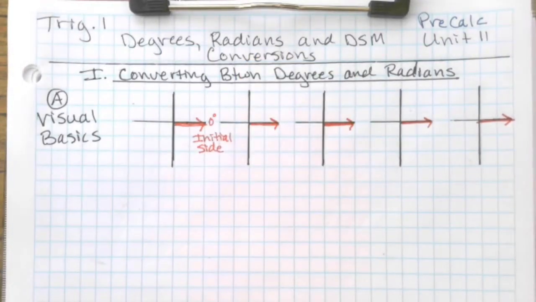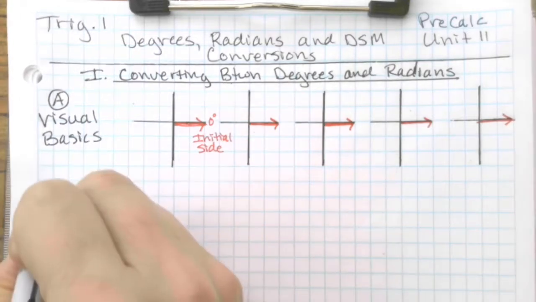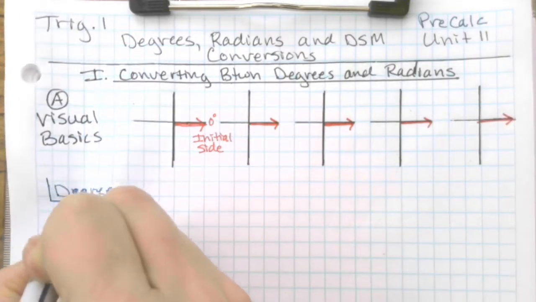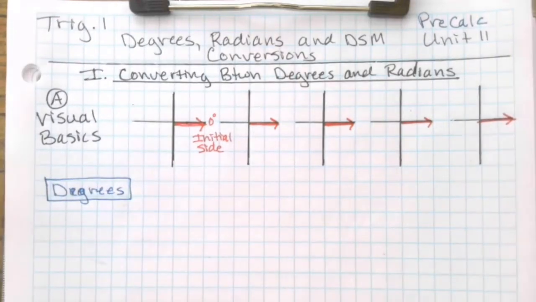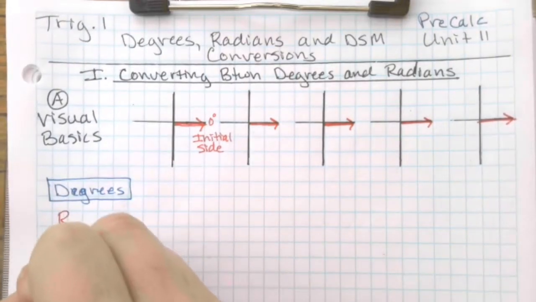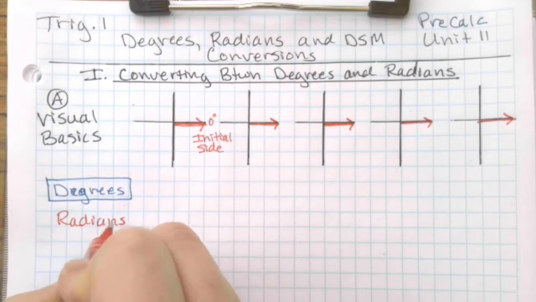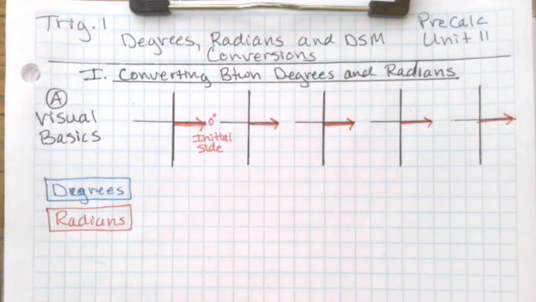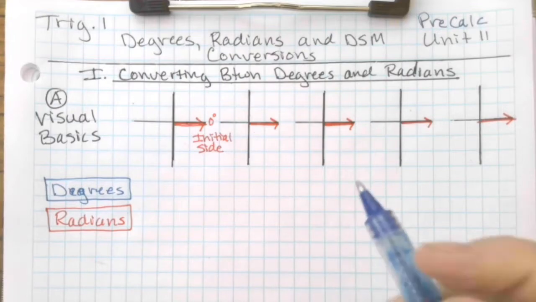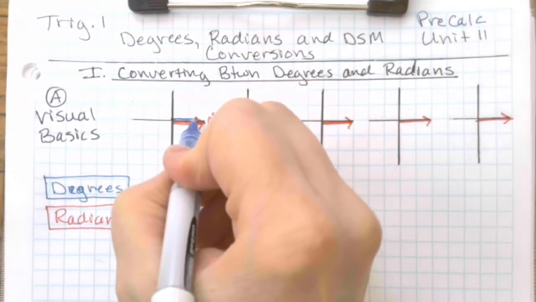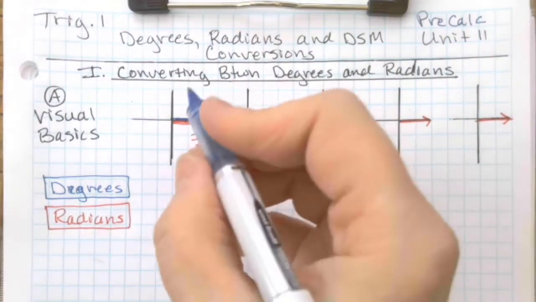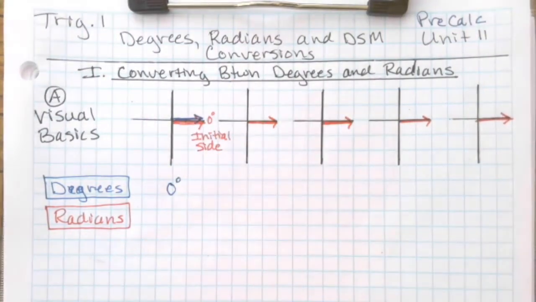So down below here, we're going to list the measure in degrees, and we're going to list the measure in radians, because you need to have an idea of how they look in comparison to each other so that the conversions are easier to learn. Okay, so if your angle is pointing directly right, just like the initial side, that would be 0 degrees.